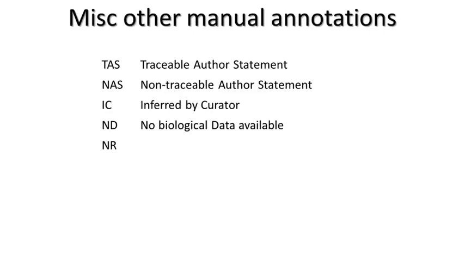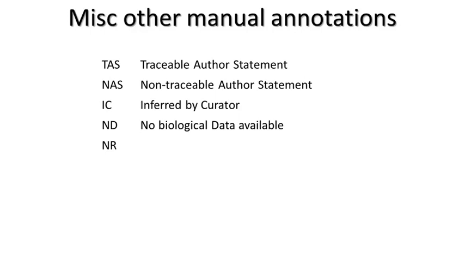There are some annotations in Gene Ontology that don't have direct experimental data associated with them, but are mentioned in review articles or the discussion section of research articles. They're marked with TAS, for traceable author statement, if the statement is justified with a citation, or NAS, for non-traceable author statement, if the statement is not justified with a citation.